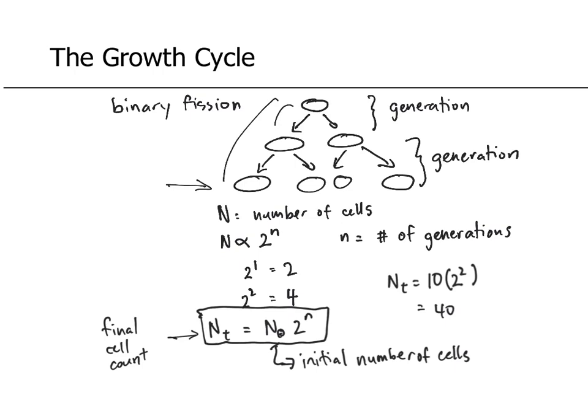Okay, so the next thing that is useful is to be able to figure out how many generations have happened. If we have this equation, now we want to solve for the number of generations, so that's this n, the little n.